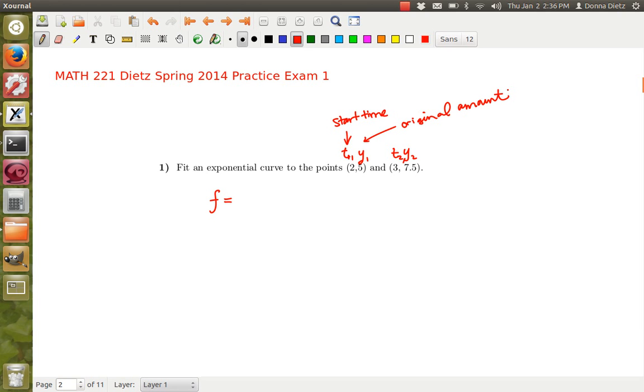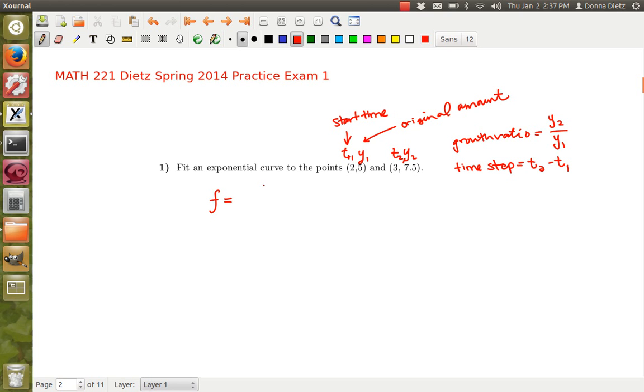What's important here is I want to know what the growth ratio is, and that's going to be our new amount over our original amount. I also want to know what our time step is going to be, and that's going to be T2 minus T1. Those pieces will help us just dump everything into the formula.